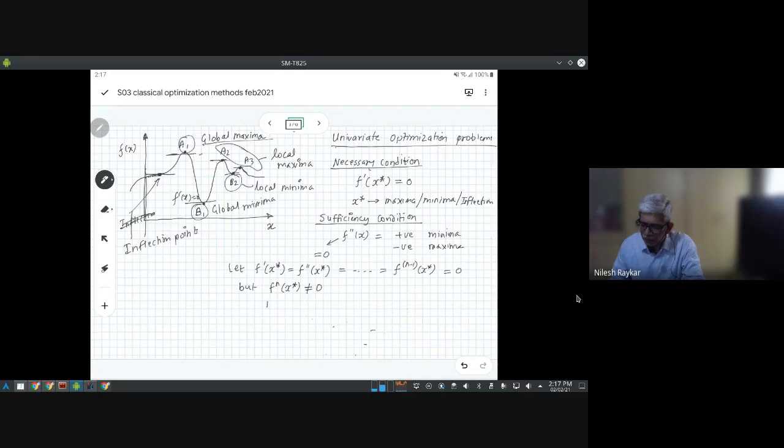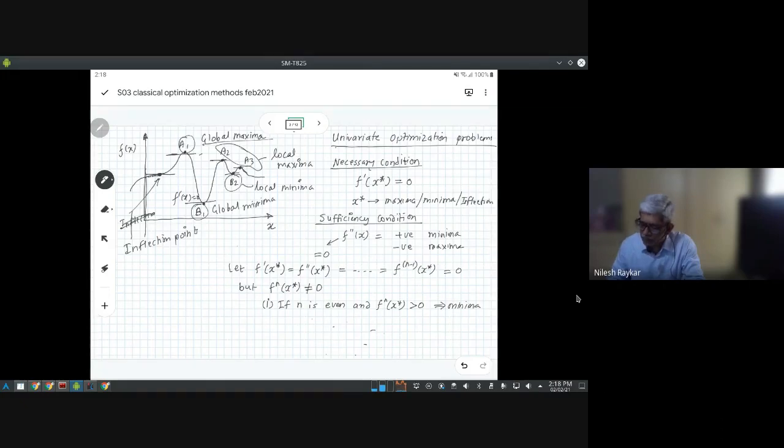Then depending on whether n is odd or even, you have different inferences. If n is even, for example second derivative, and the nth derivative is greater than 0, then it indicates minimum.